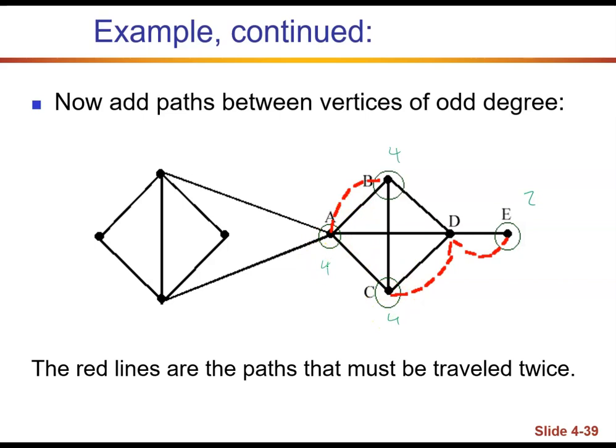Now we've made it so they all have even degree. I'm not going to focus on that too much, but that is how you would handle a real life situation where you can minimize how many streets you have to go back and forth on, how many repeats you would have.